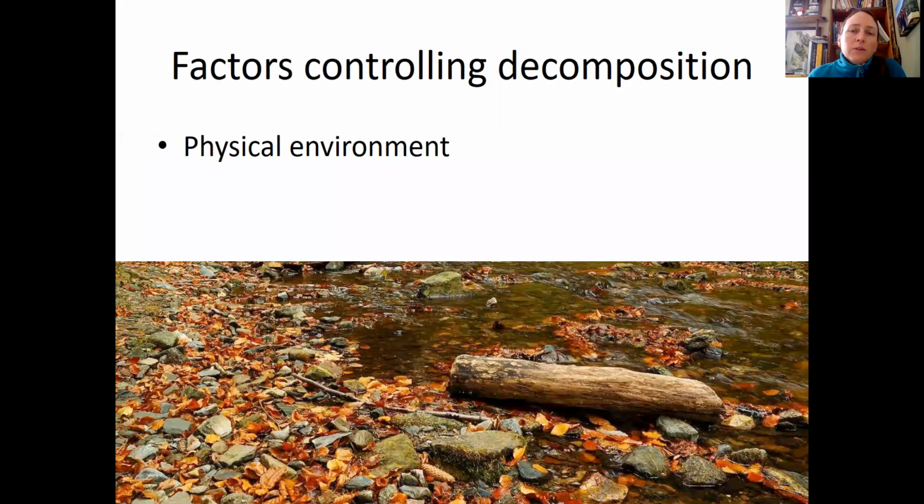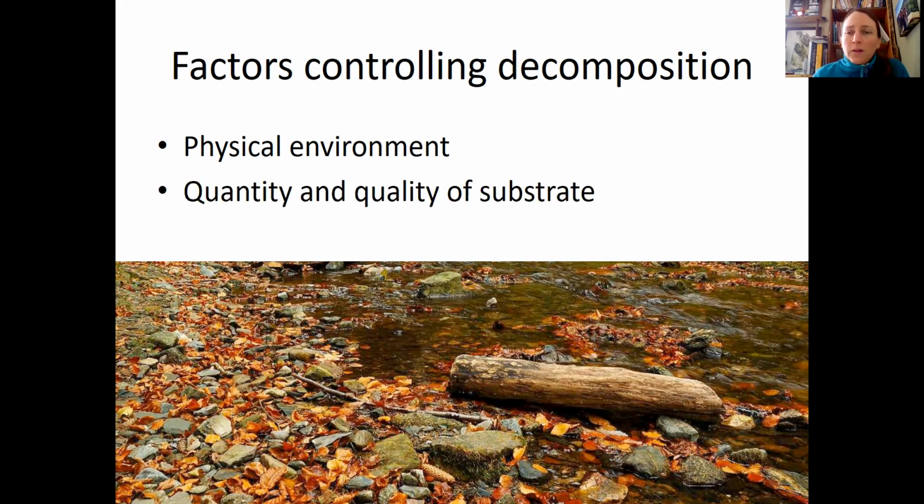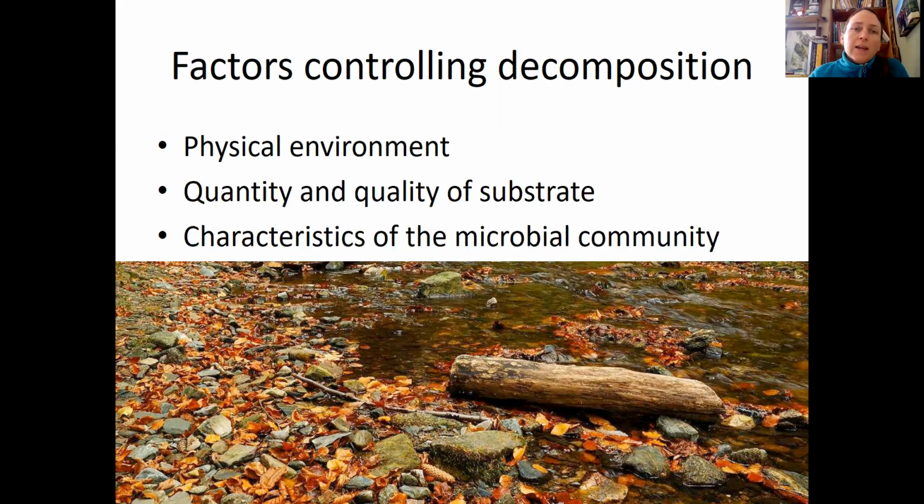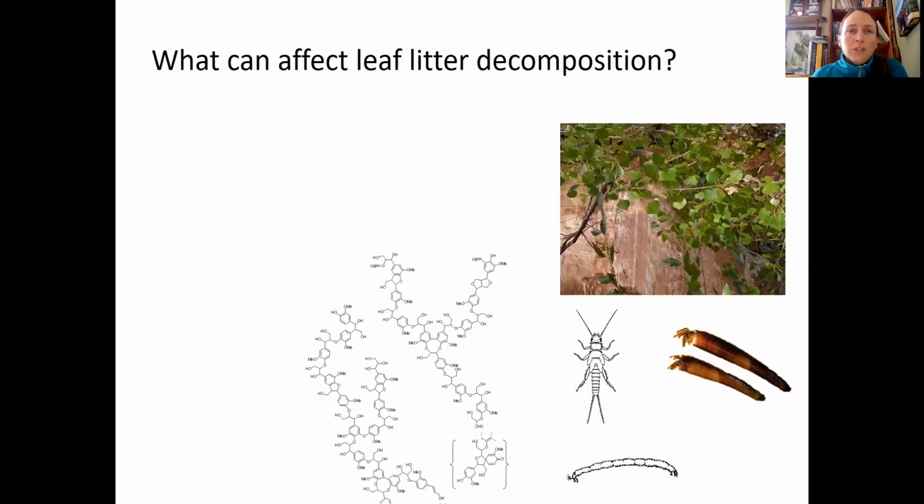Okay, and so what are some of the factors that control decomposition? So many. The physical environment, the type and quantity of the substrate, and the characteristics of the microbial community all can control decomposition.